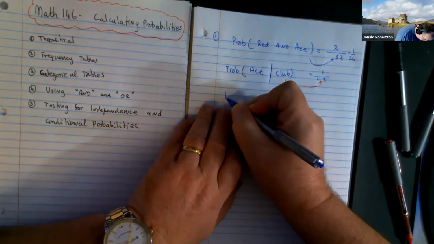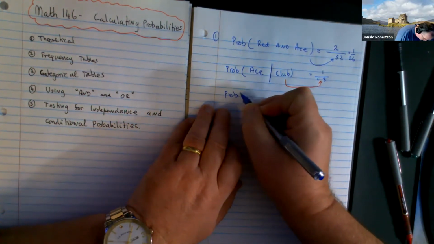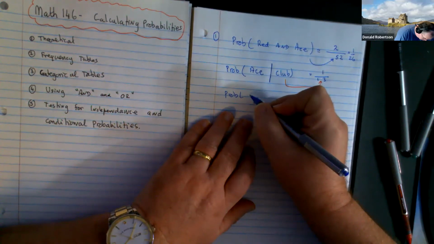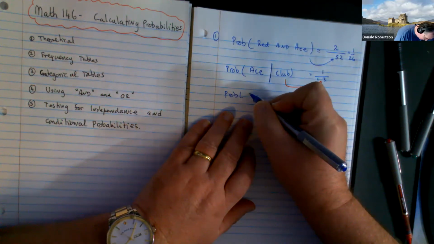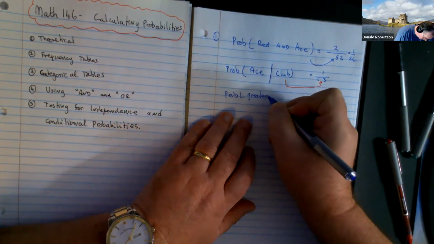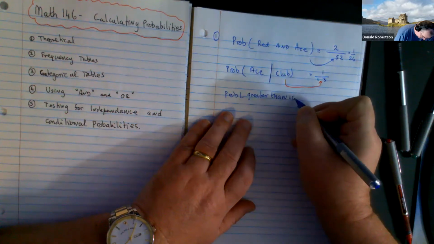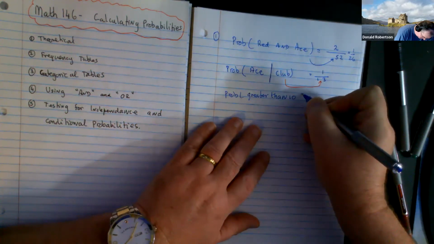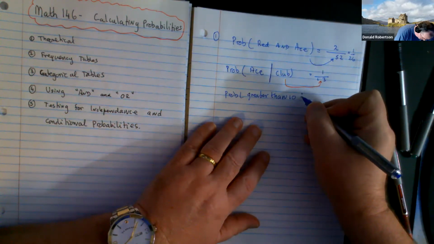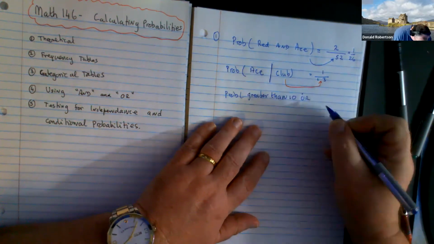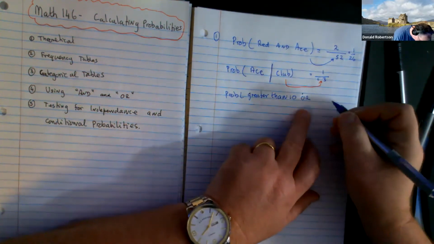If I asked you to do an OR question, and I said, what's the probability that it is greater than 10, or a face card?